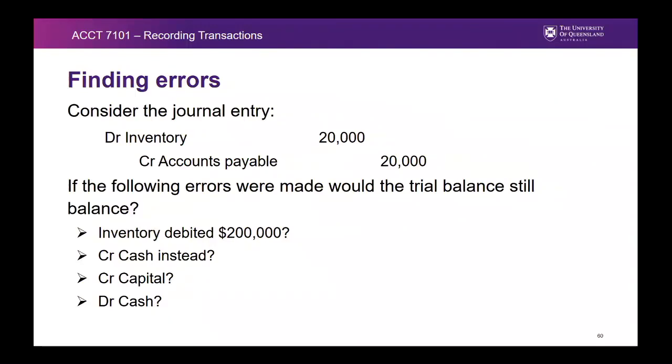So now what if I debited cash instead? This question's actually challenging to interpret. So what if I debited cash? If I instead of debiting inventory debited cash, will the trial balance still balance?